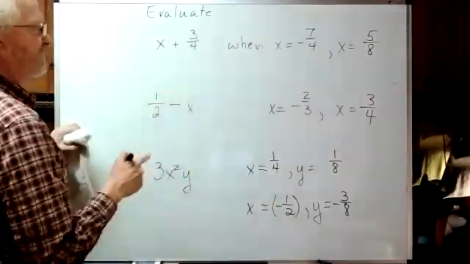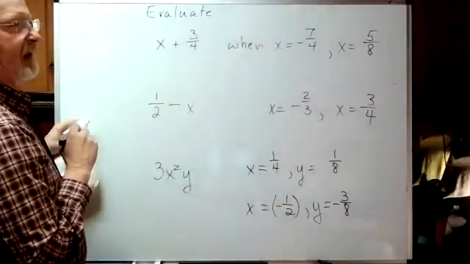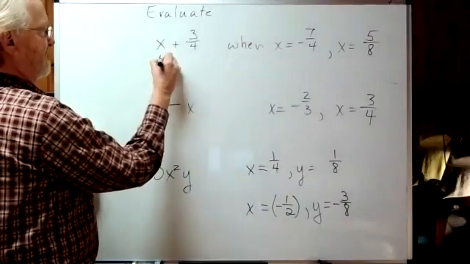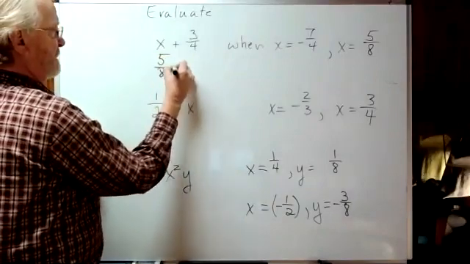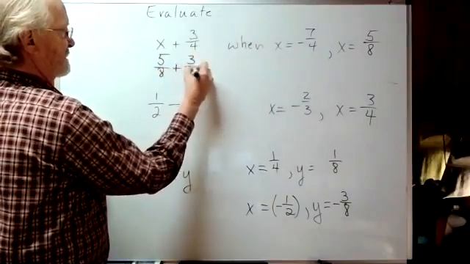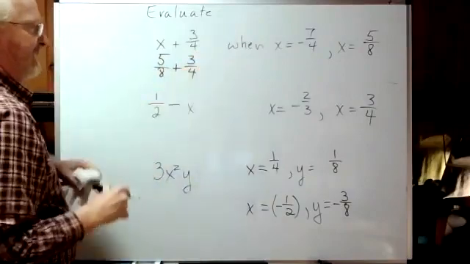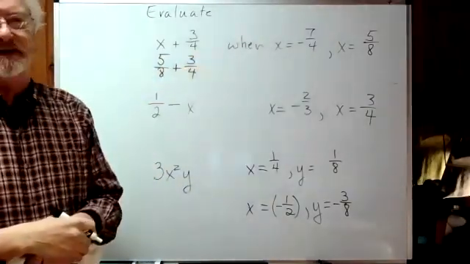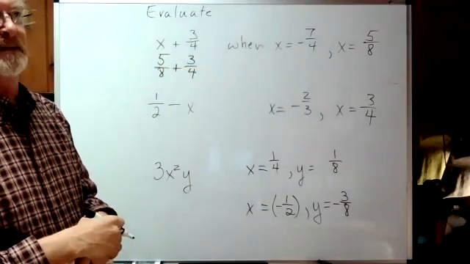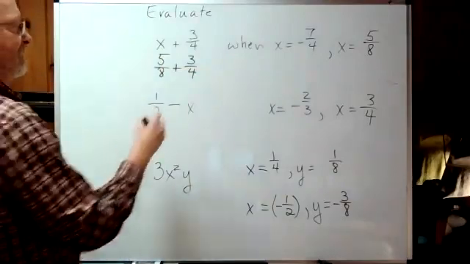All right, so the next one, x is supposed to be 5/8. Plug it in, 5/8 plus 3/4. Here we're trying to add those two fractions, and I need a common denominator I don't have yet.